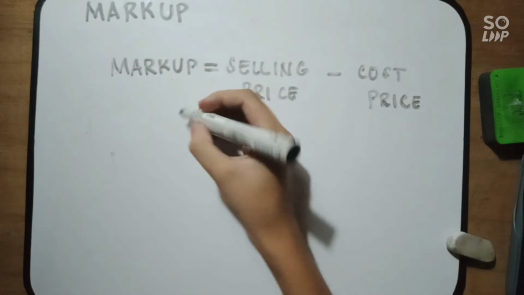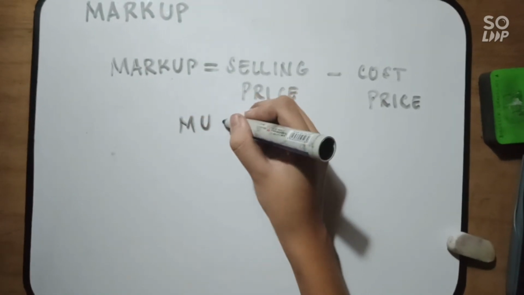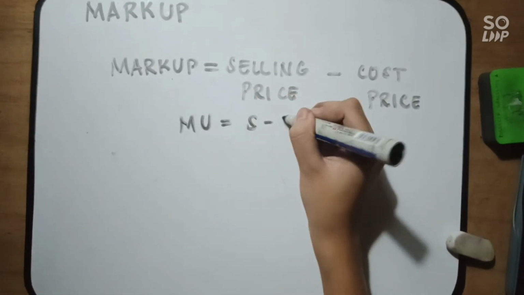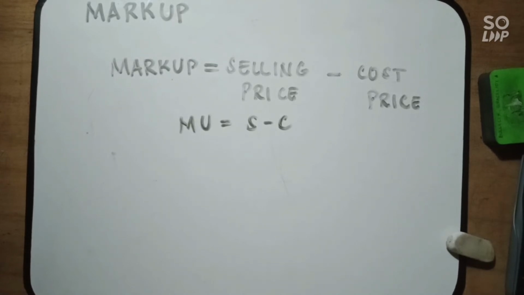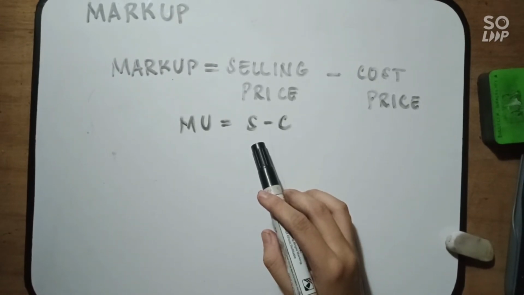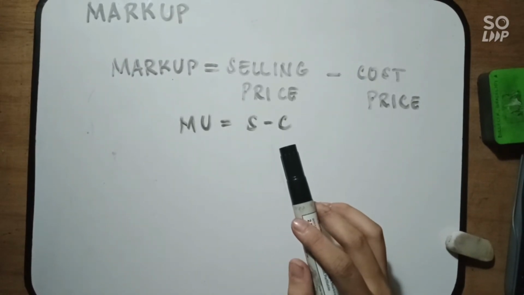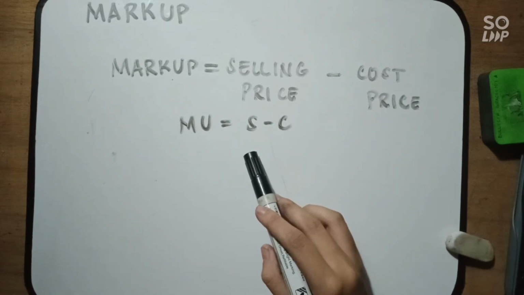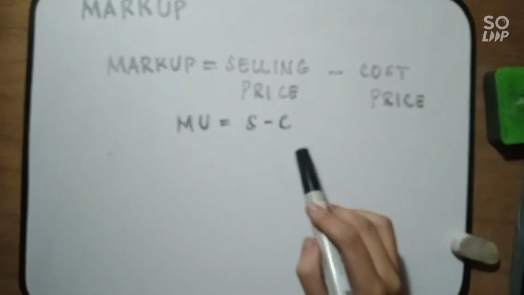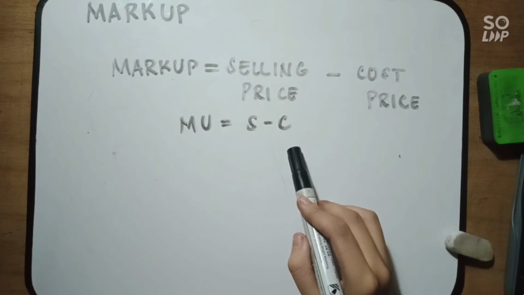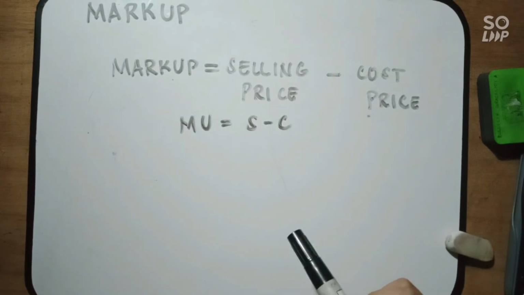Or MU is equal to S minus C, where S is the selling price, the price at which the commodity is sold per unit, and the cost price is the total amount of money that it costs a manufacturer to produce a product or provide a service.